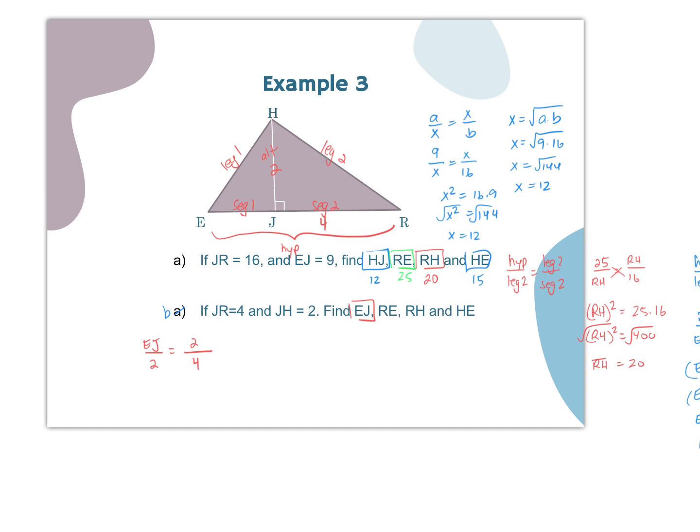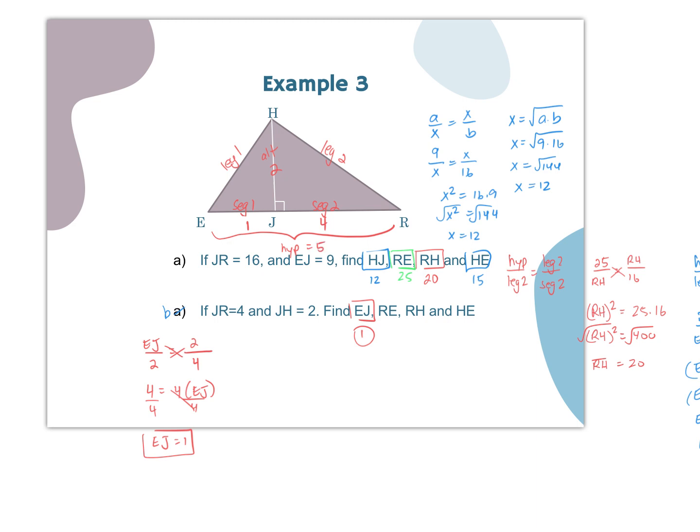So segment 1 is EJ, segment 2 is 4, and now I'm able to use my cross products. So I get 4 equals 4 times the length of EJ, and if I divide both sides by 4, I get that EJ equals 1 unit. So EJ is 1. That's my first answer. And if EJ is 1, then my hypotenuse is 5.